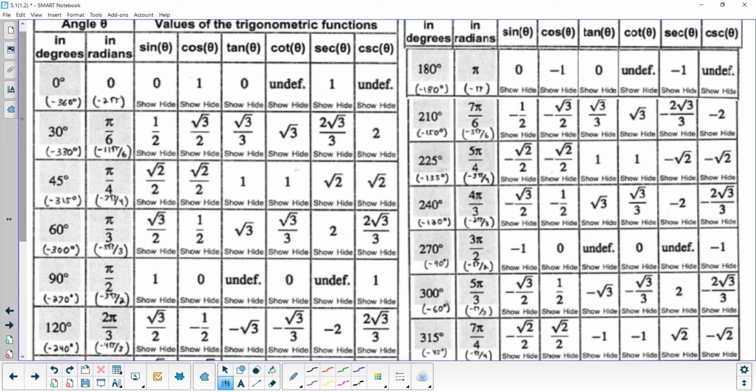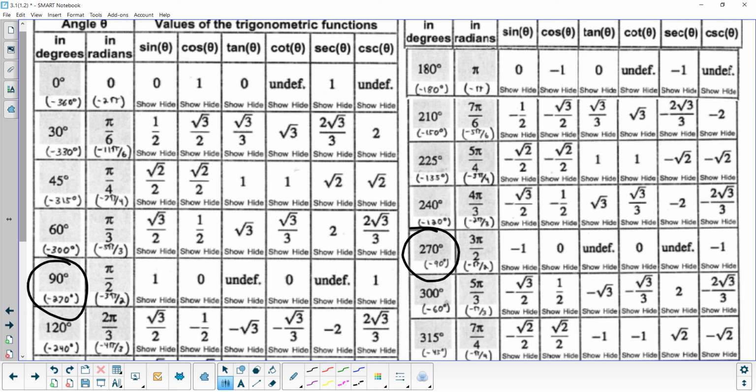There are 2 spots. Anybody see the first time that we hit 0 in the cosine column? Pete? 90. Yep. So we get the 90 and the negative 270. And where else do we hit 0 in the cosine column? James? 270 and negative 90.